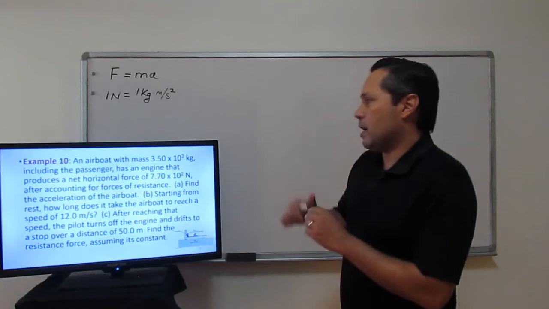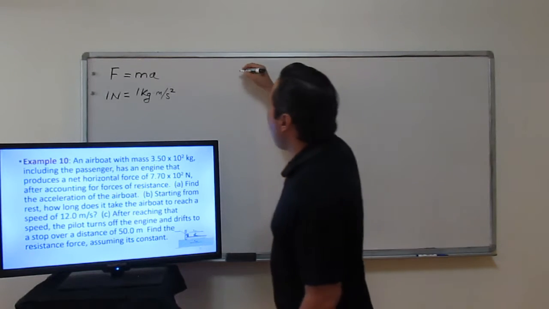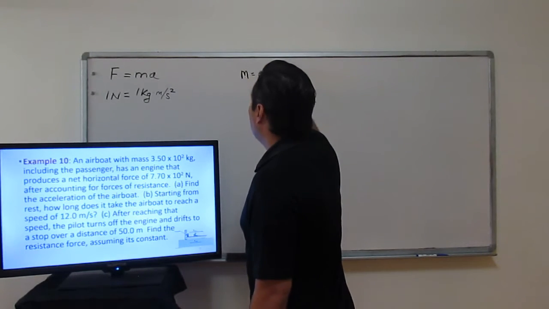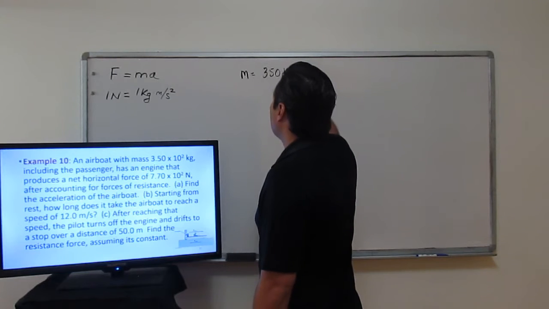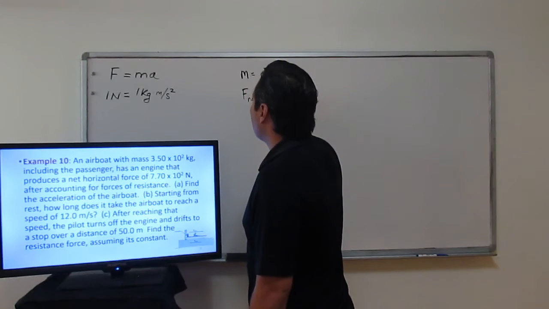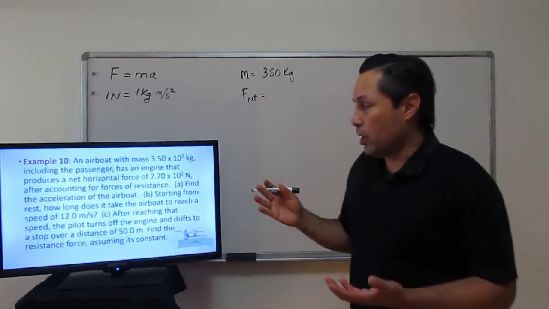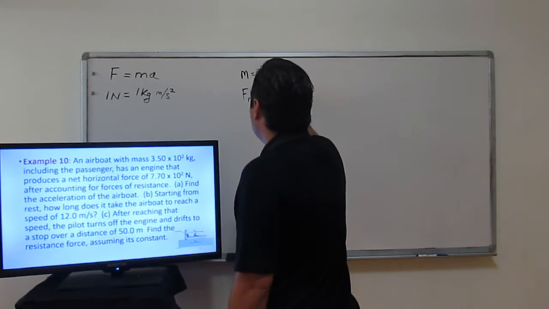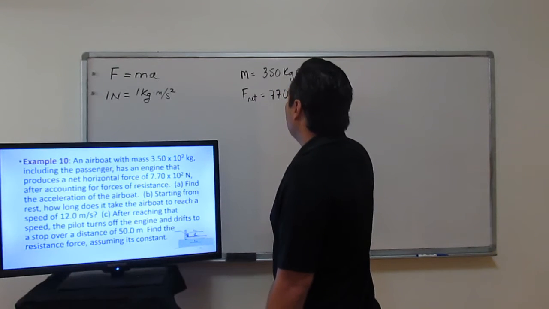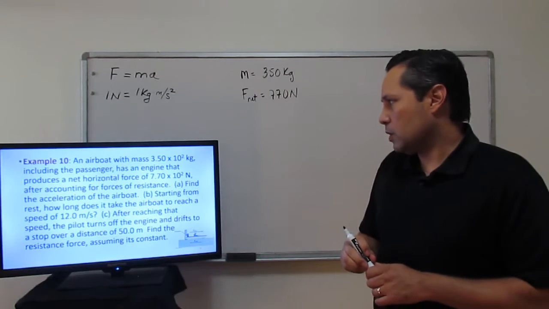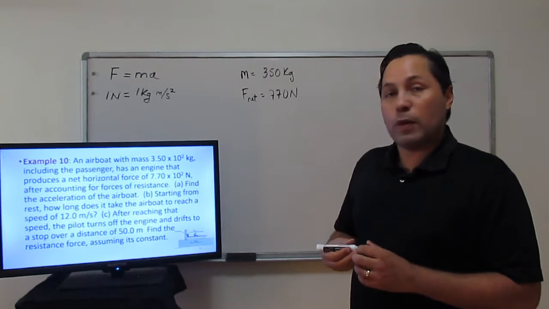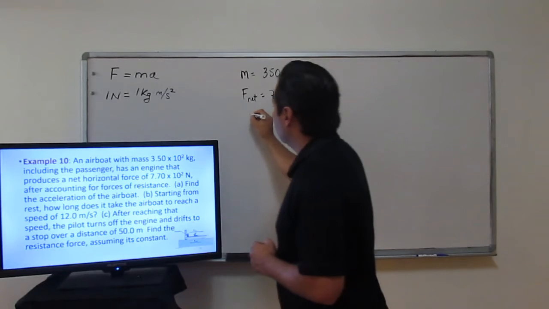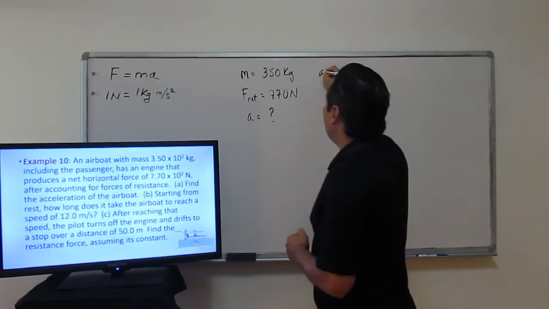I'm going to write down two things that are given to us. Mass is 350 kilograms, and the net force, after accounting for resistance from the water, is 770 newtons. Part A, find the acceleration of this airboat.